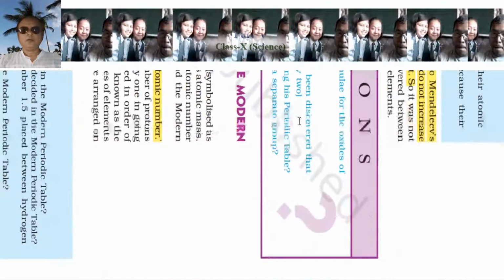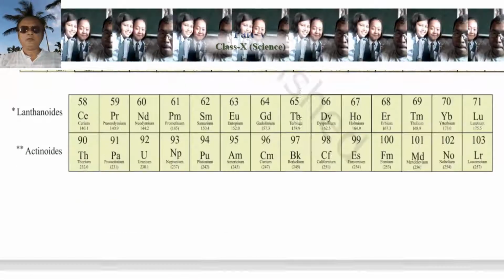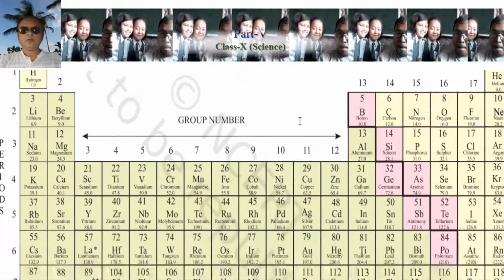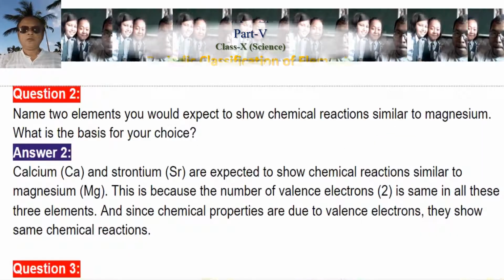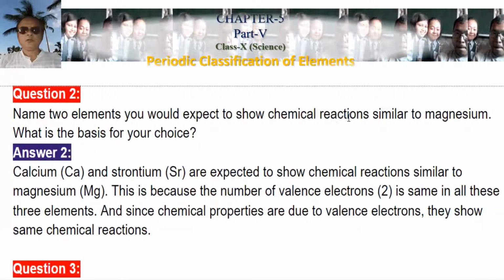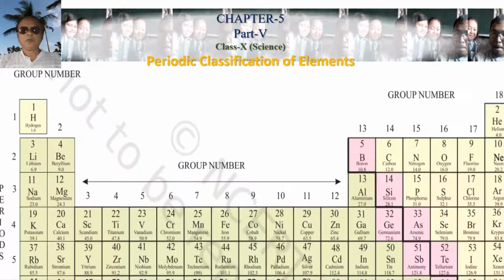So the question was, name two elements expected to show chemical reaction similar to magnesium. So let us go to the periodic table again.